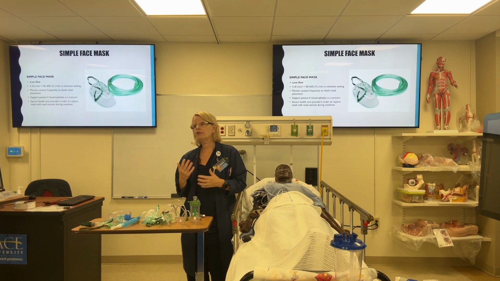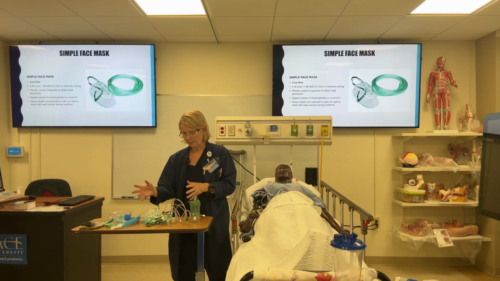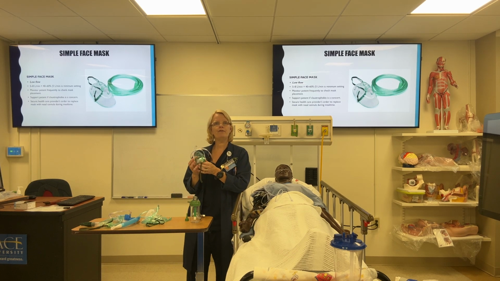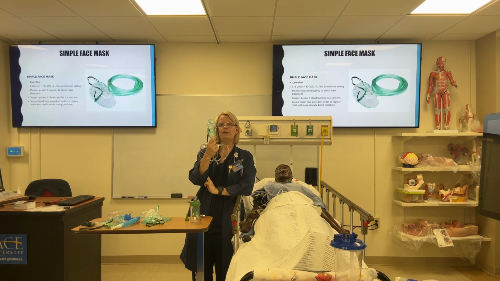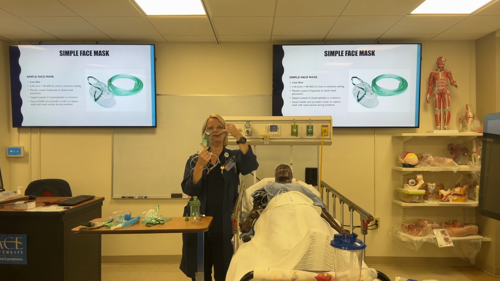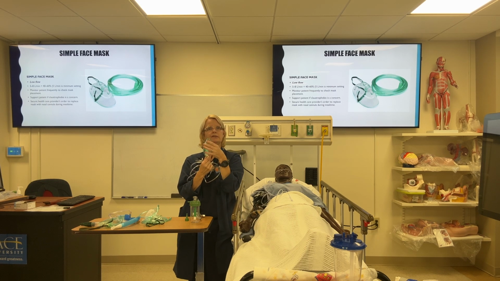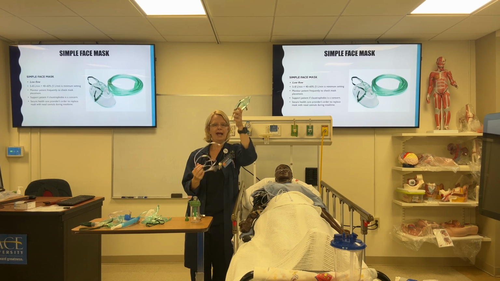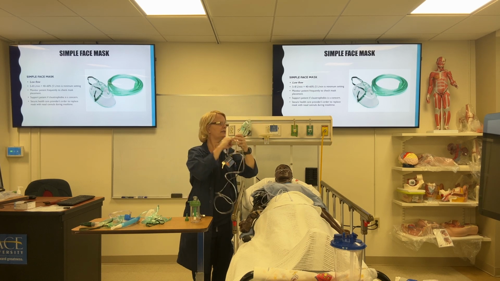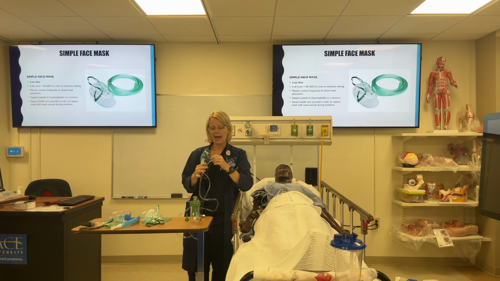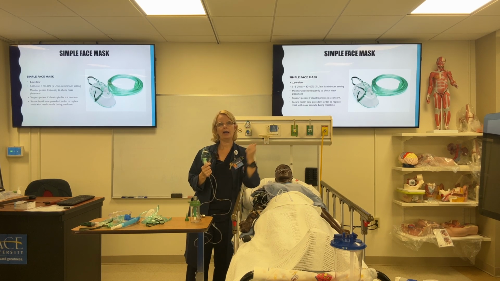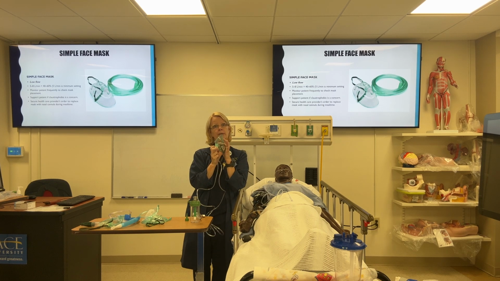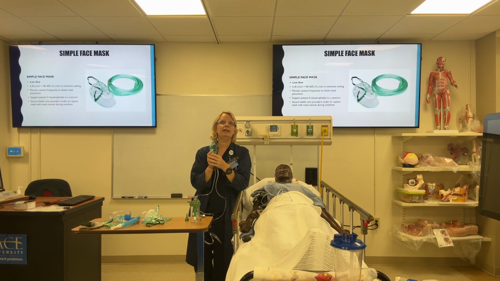Now, another low flow device that I may be using on a patient is something called a simple face mask. It's just a regular face mask that you put over the patient's nose and mouth, with a little aluminum strip that squeezes onto the nose itself. It has tubing that gets connected to your flow meter at the wall. How much I set my flow meter at the wall determines how much FiO2 I'm giving this patient.